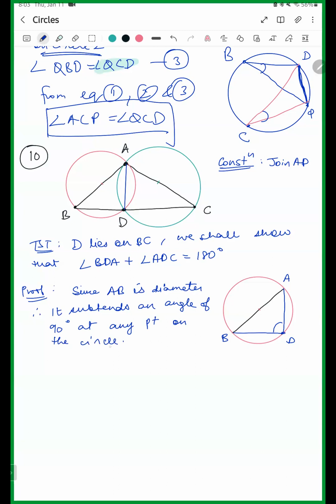And D is a point on the circle. Therefore, angle BDA, this one over here, is equal to 90 degrees.